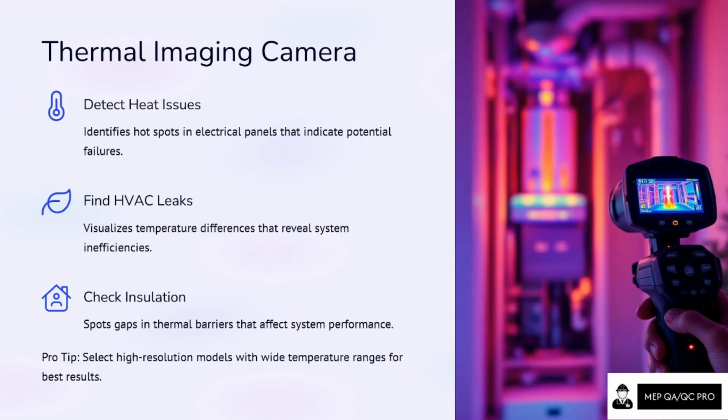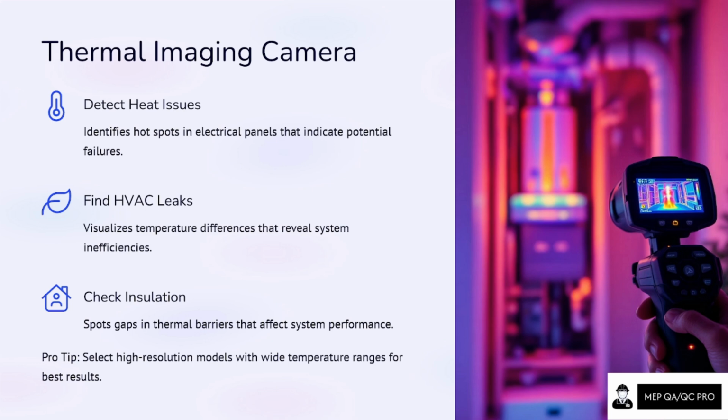Thermal imaging camera. This is mostly not used at very basic sites, but most of the time in data center projects and high-end commercial projects they use a thermal imaging camera, which detects heat issues inside the electrical panel.